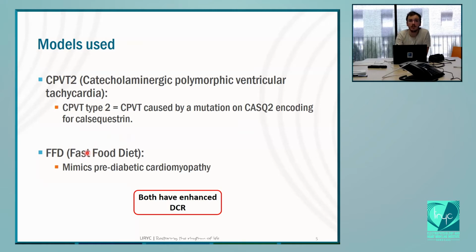And the FFD are mice fed with a fast food diet, and this triggers a pre-diabetic cardiomyopathy, which is also characterized by a DCR. So the question in this paper is why, with both of those diseases characterized by DCR, this DCR triggers different effects in the cell.